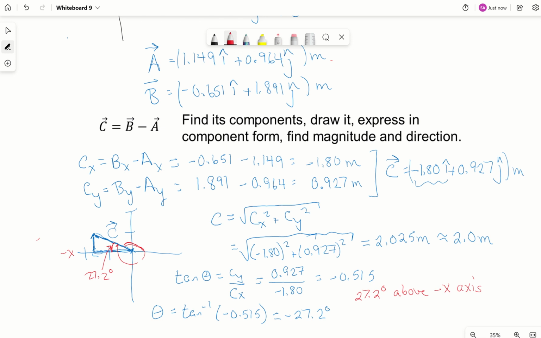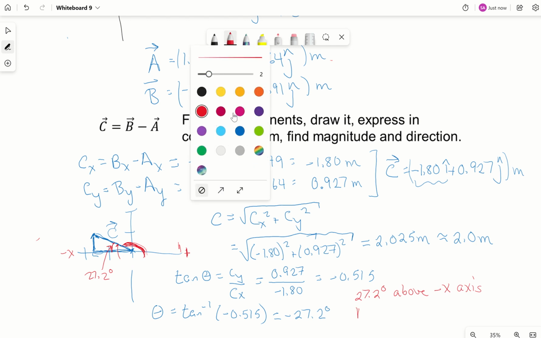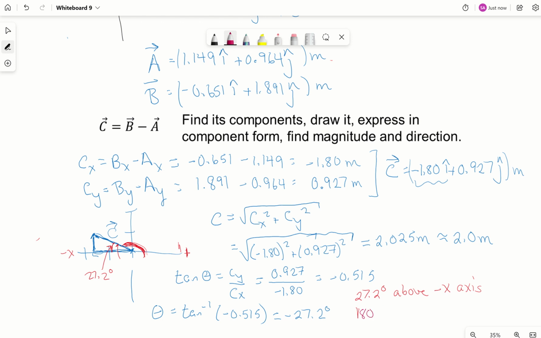So that's going to be 180 minus 27.2, which would be 152.8. And I guess in two significant figures, that would be 150 degrees from the plus x direction.